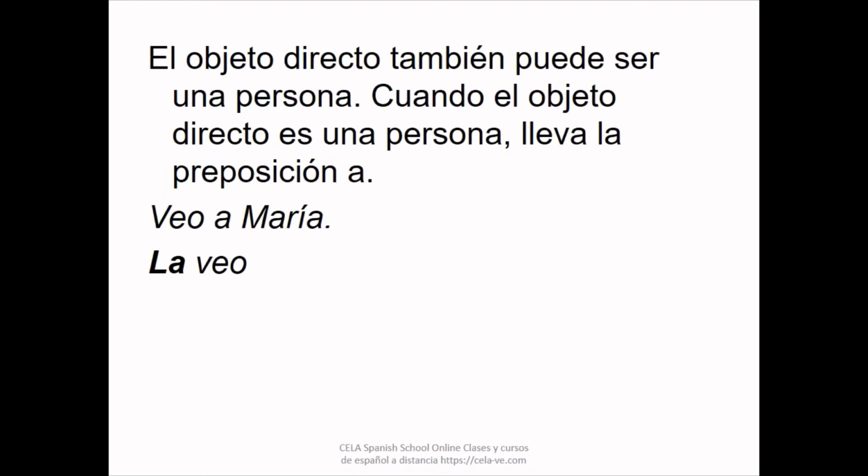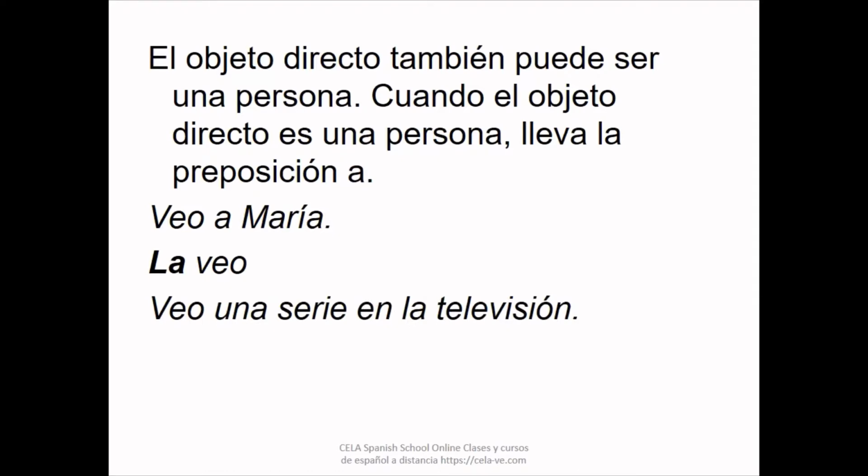If the sentence does not lose meaning, the person is the direct object in this sentence. For example, veo una serie en la televisión. La veo. As I can replace a María with a thing, María is direct object in this sentence.